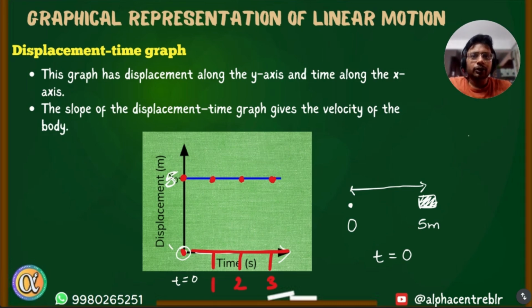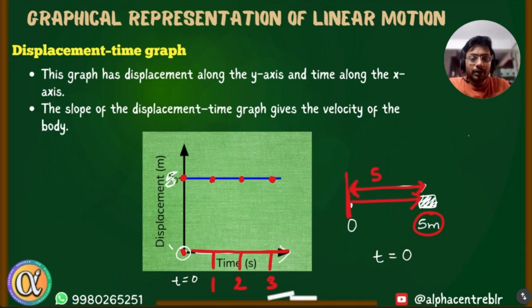So the object's position at 0 seconds is 5 meters, at 1 second also 5 meters, at 2 seconds and 3 seconds also 5 meters, from this point. So is displacement changing in this case? No, right? And if displacement is not changing with respect to an observer, is the object moving? What do you think?